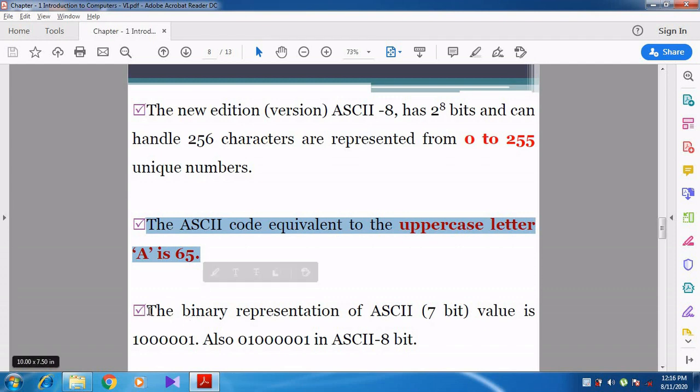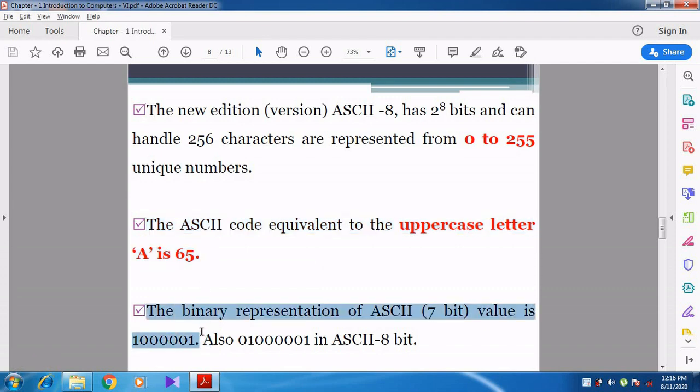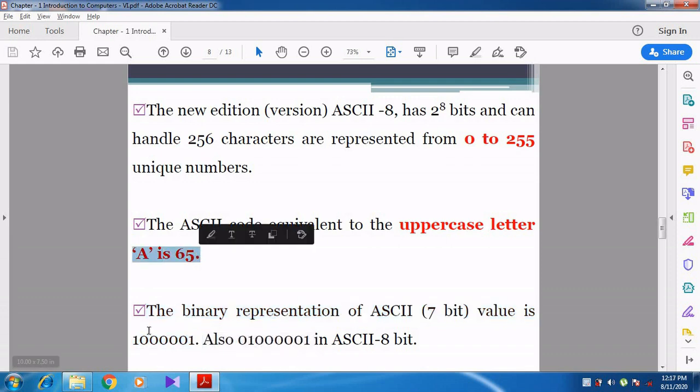So the binary representation of the ASCII 7-bit value for capital A is 1000001. Capital A is 65, so it will be represented as 1000001. This is the 7-bit representation. Now we are using the latest version, 8-bit.